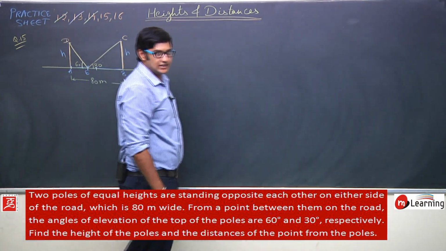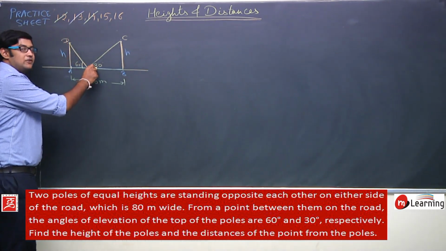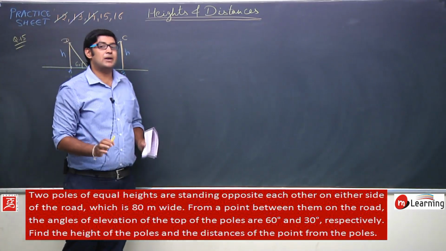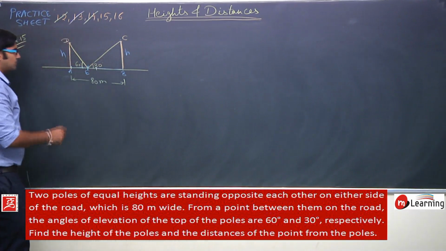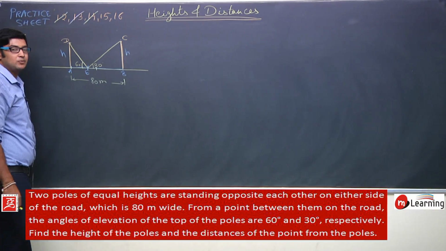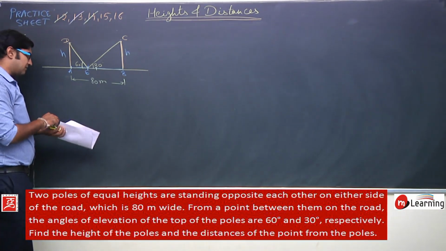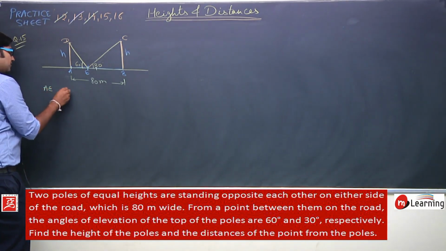So what I can see is I am not standing in the middle of the road. Definitely one thing is true, that I am not at least standing in the middle of the road. Now my task is to determine h, that is the height of the pole, and also AE and EB.